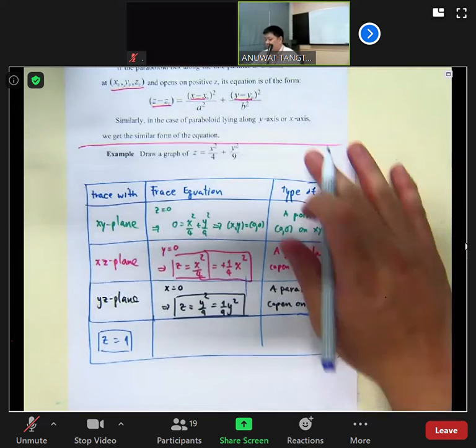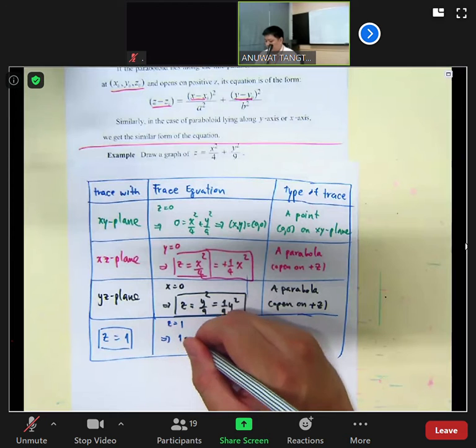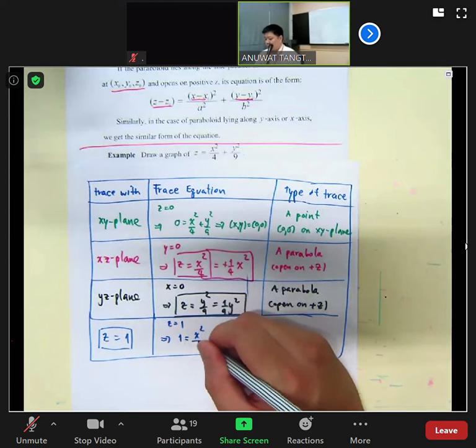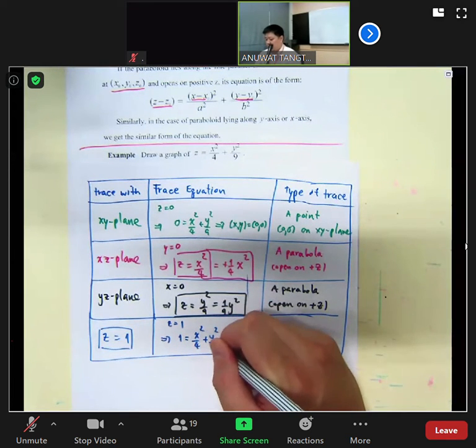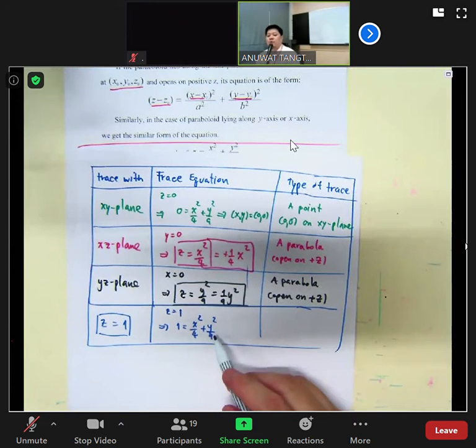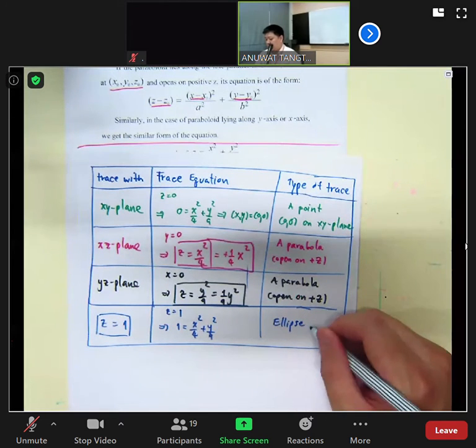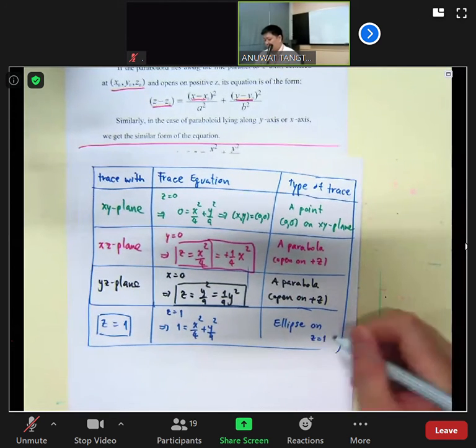Now lastly, let z equal to 1, and we would get 1 equal to x squared over 4 plus y squared over 9. That equation is nothing but x squared over 4 plus y squared over 9 equal to 1, and that gives an ellipse on z equal to 1.